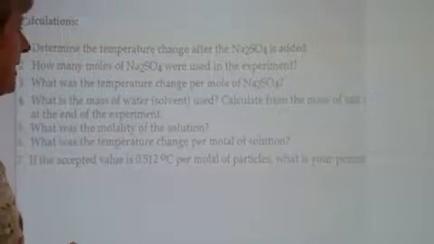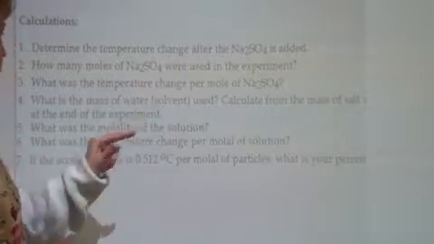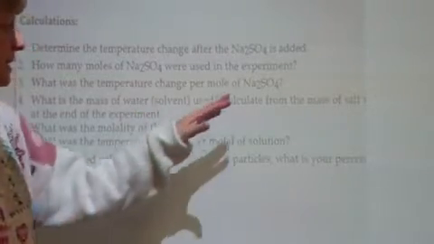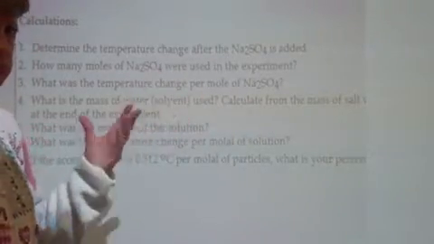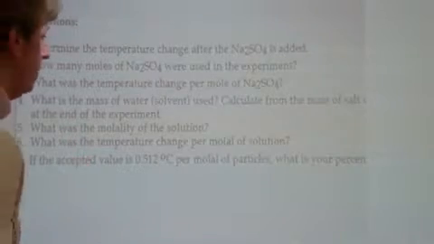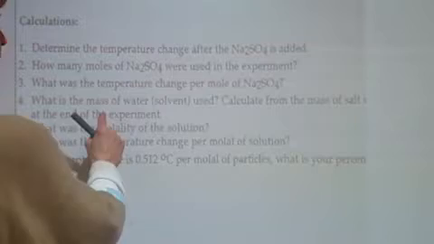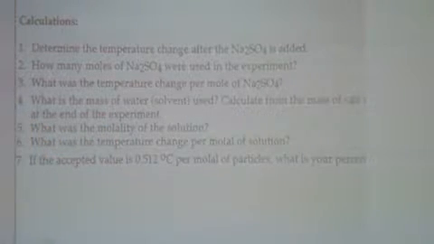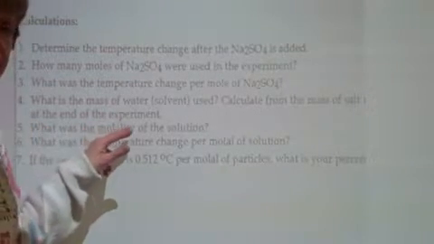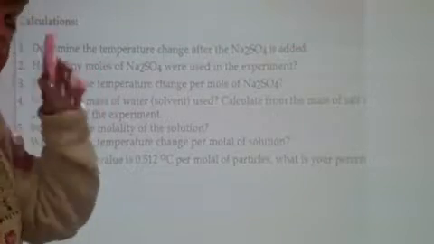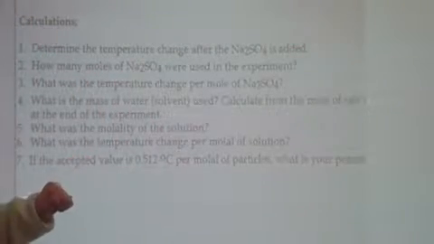Question 4, what's the mass of the solvent used? Okay, and they say you can do it 2 ways. We can just figure out the mass of the water, but calculate from the mass of the salt that was left at the end of the experiment. Number 5, molality. Let's remember the units. That'll help us with number 5.